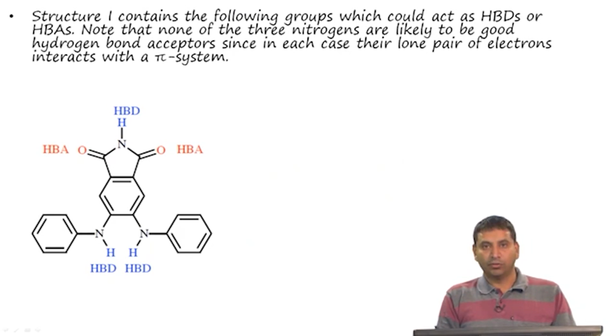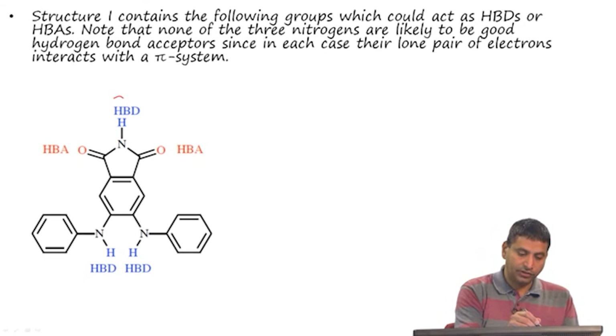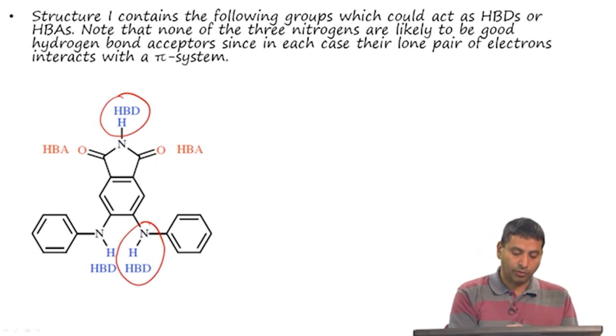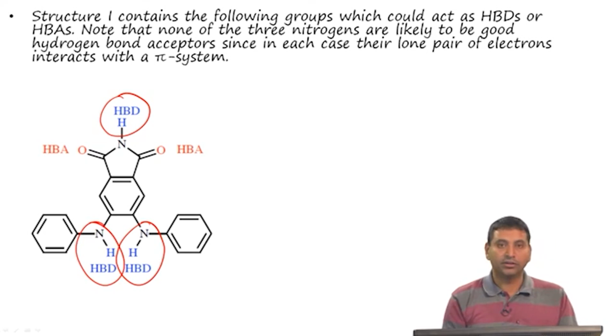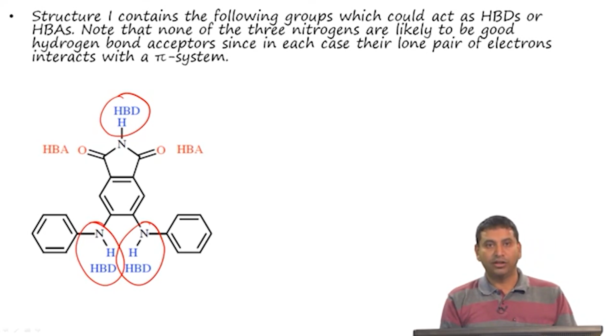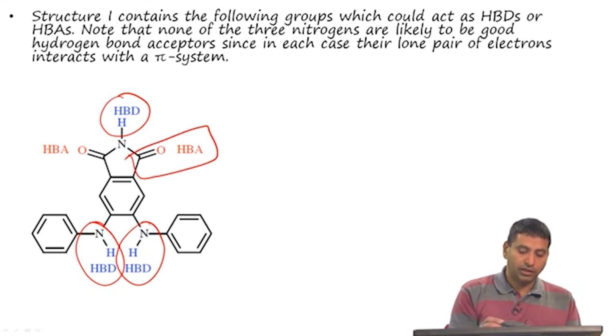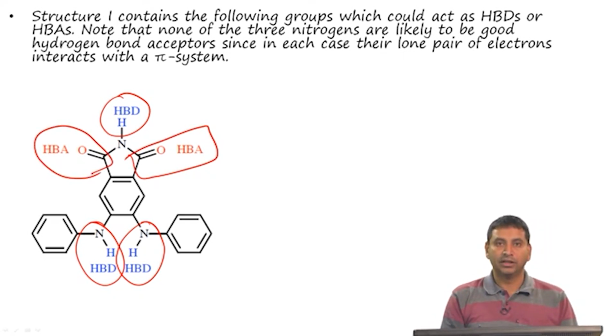So, if you look at structure 1, it contains the following groups: this can act as a hydrogen bond donor, this nitrogen can act as a hydrogen bond donor, and so can this nitrogen, right. So, you have 3 potential hydrogen bond donors in the molecule. You also have a couple of hydrogen bond acceptors in the form of carbonyls, right. Note that none of the 3 nitrogens are likely to be good hydrogen bond acceptors, since in each case the lone pair of electrons interacts with the pi system.